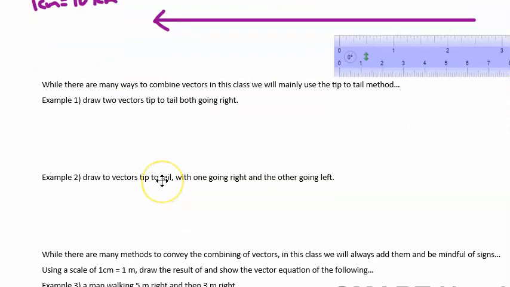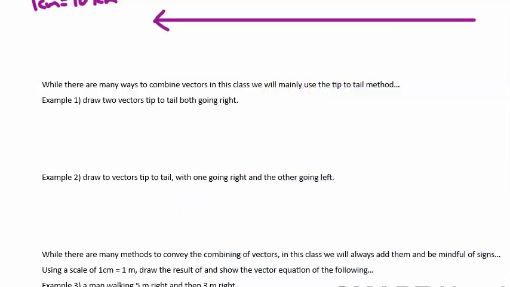So when we combine vectors, we usually do them in what we would call a tip-to-tail method. Now, a vector has 2 parts. An arrow has 2 parts. So if we drew one arrow to the right, this part here would be the tip, and this would be the tail.